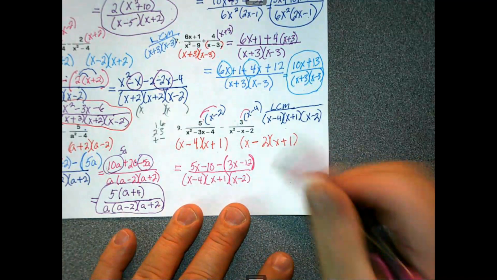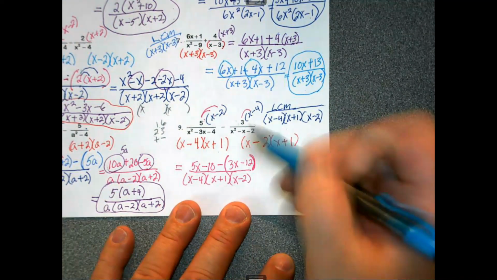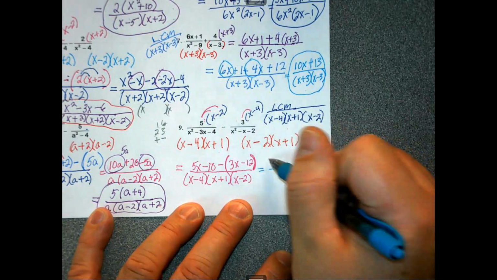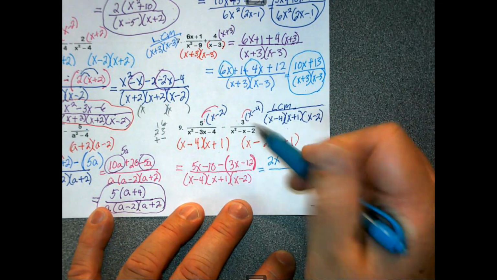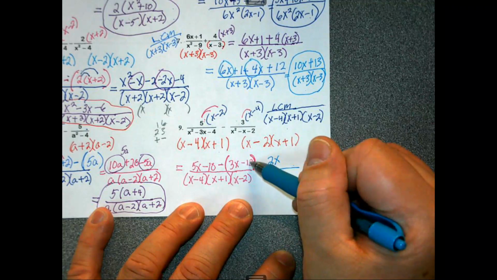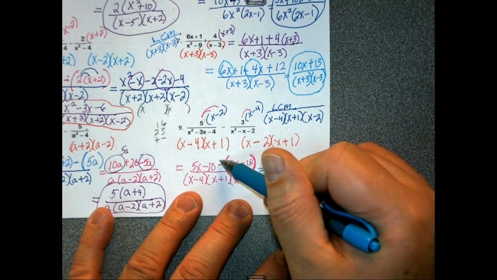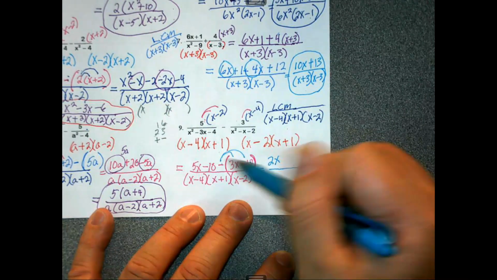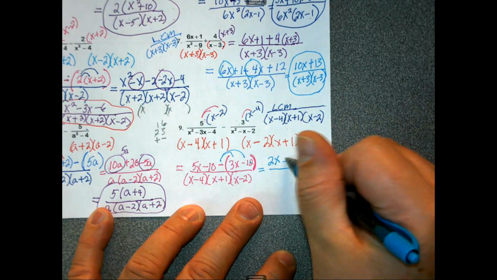Okay, let's combine some like terms. Be careful, I got a positive 12, because I'm distributing the minus sign. So positive 12 minus 10 is 2.